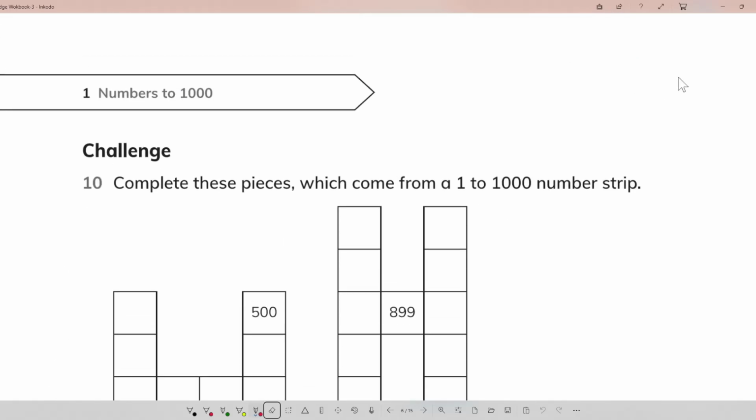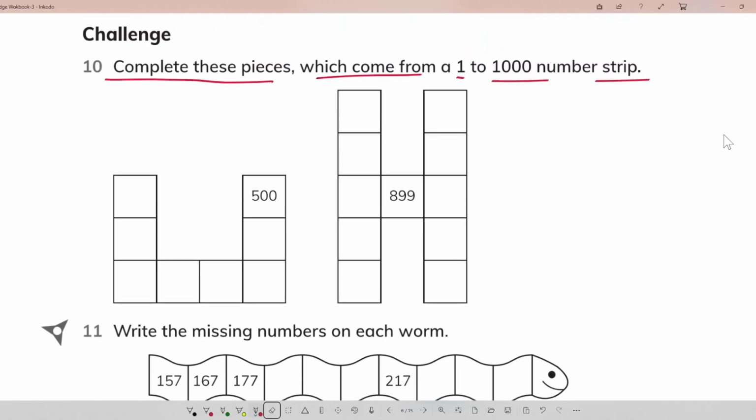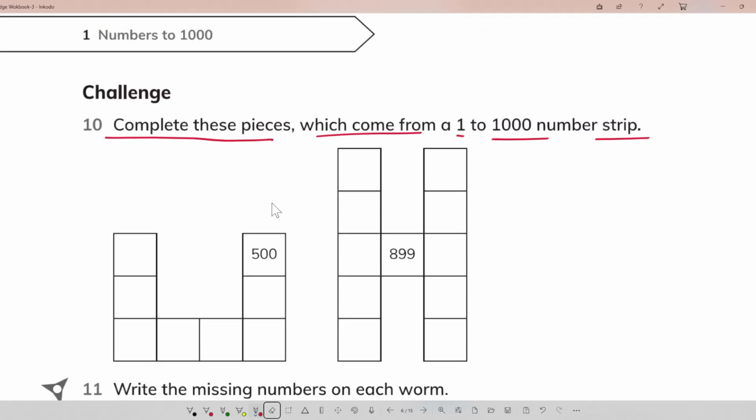Next one, challenge. Complete these pieces which come from 1 to 1000 number strip. So again I want to say, once we go right side we will add 1, when we go left side we will decrease 1, when we go down we will add 100 in the 1000 strip, and once we go up we will decrease 100.